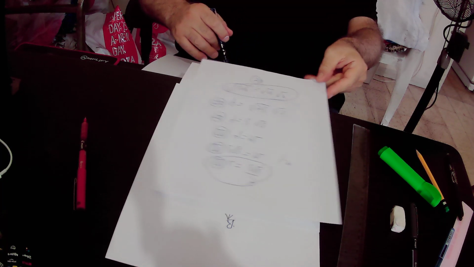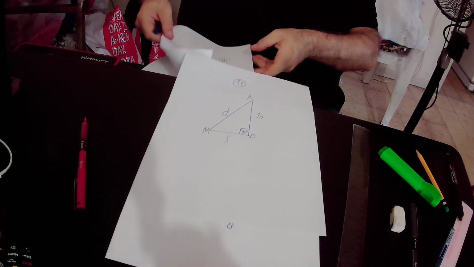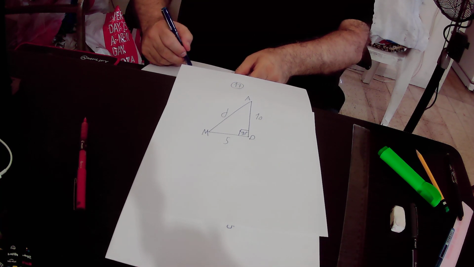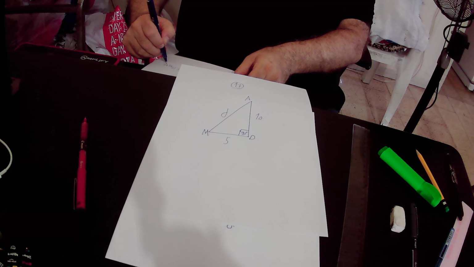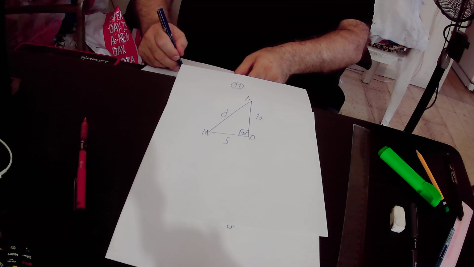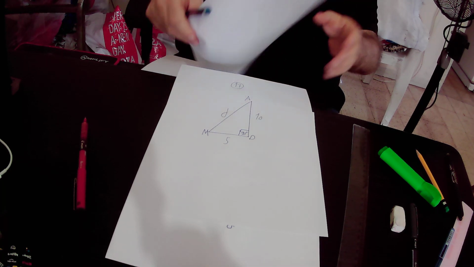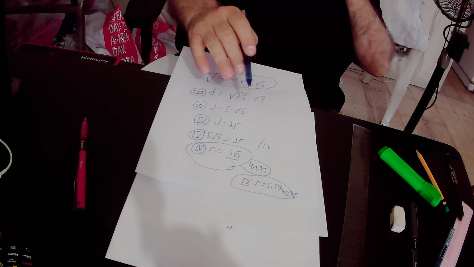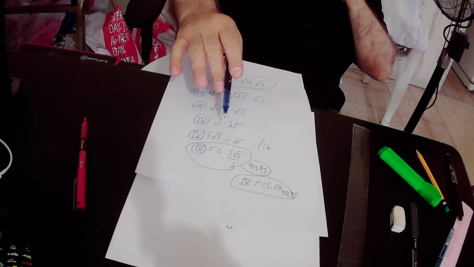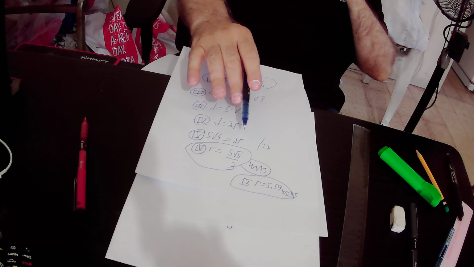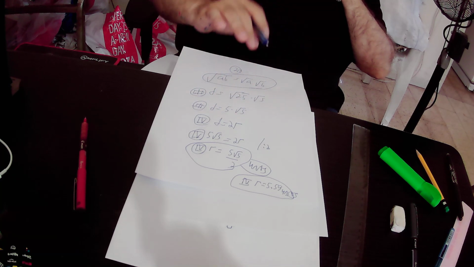Or we can also write that the radius of the circle equals 5.59 units, or we can write that the radius of the circle equals 5 times root 5 over 2 units.